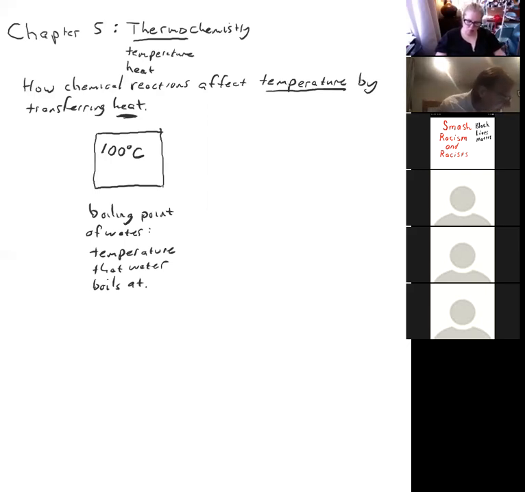So let's say that I have a piece of metal, and that metal has been brought to 100 degrees C. It's right at the boiling point of water. Metals boil at much higher temperatures than 100.